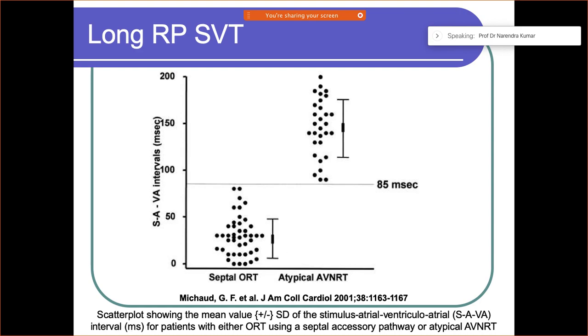Looking at the intervals, more than 85 milliseconds is the one for atypical AVNRT. However, if the RP interval is less than 85 milliseconds, most commonly it goes in favor of the septal ORT, in fact.